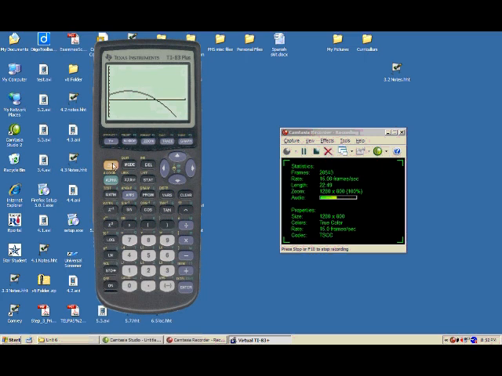So I want to find that maximum height, so I'm going to use the maximum feature. Something interesting is next year in calculus you will be able to find these maximums and minimums based off of a simple algebraic move, but we're not ready to do that yet. Our calculator finds it for us. Make sure you go all the way to the left and all the way to the right. Don't get lazy here and try to shortcut your way through this, because you might be cutting off the true max.